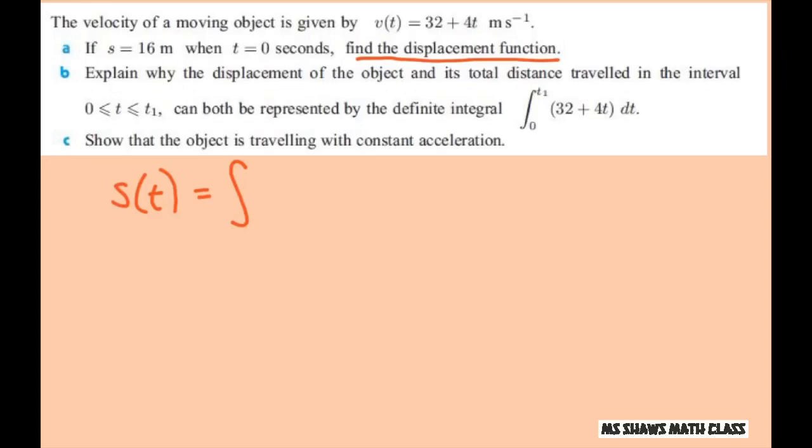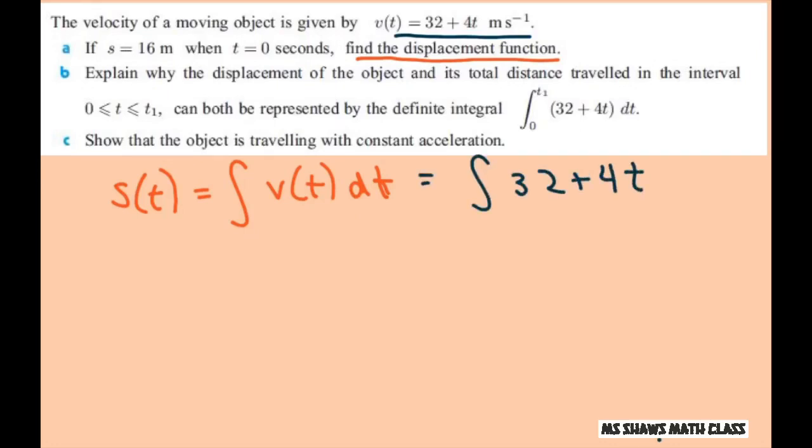So that's going to be the integral of v of t dt. Therefore, we need to take this, which is 32 plus 4t, and integrate that.